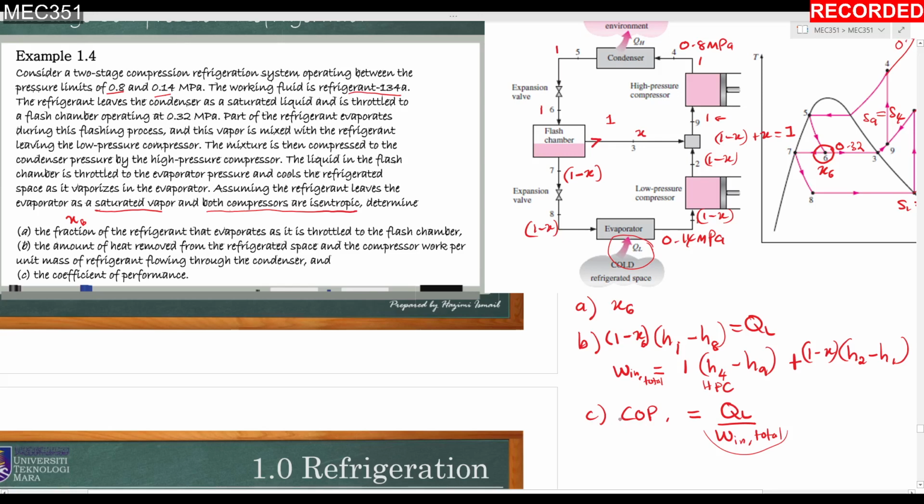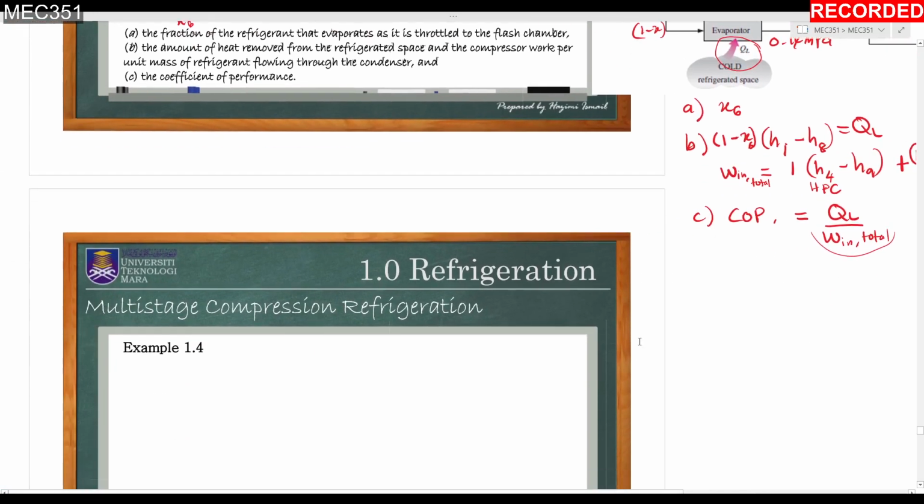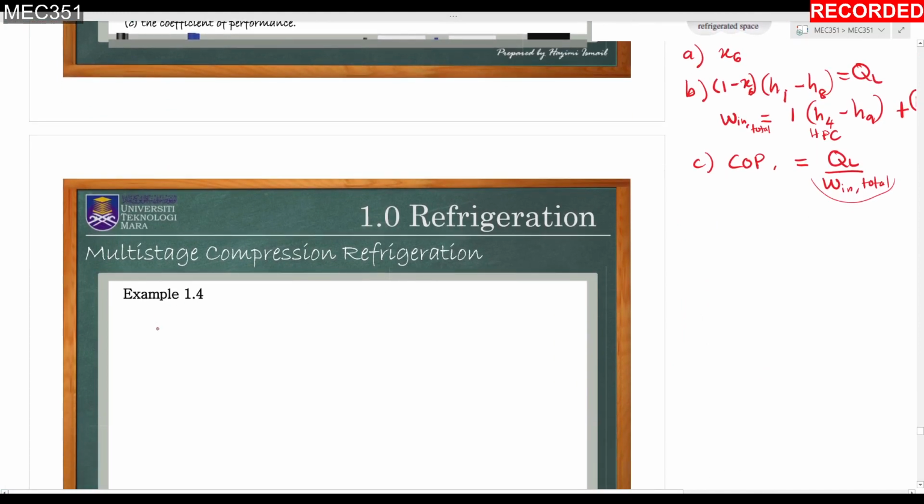Okay, so as in our normal calculation, find the properties at every state.